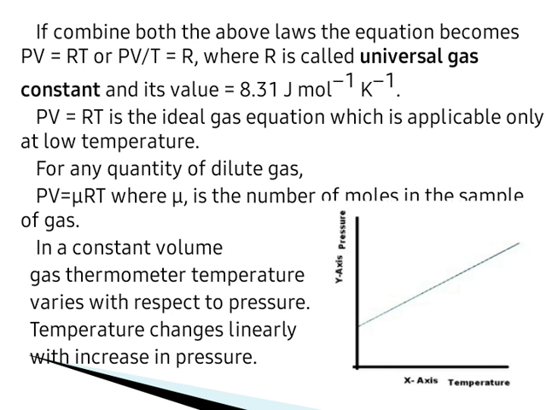The expression PV is equal to RT is the ideal gas equation or ideal gas law, which is applicable only at low temperature. Those gases which obey this law are called ideal gas. Actually, ideal gas does not exist practically.